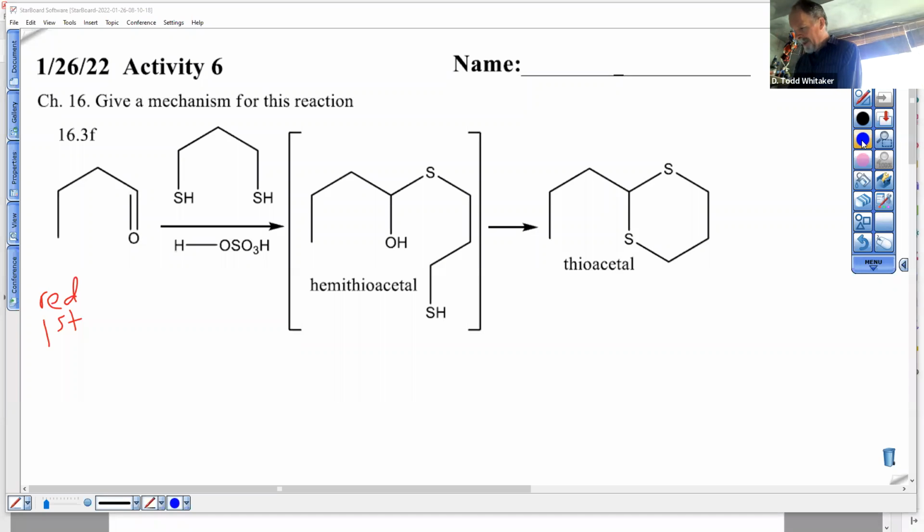This is going to be a quickie. First step, activate the carbonyl. Second step, nucleophile, not a poor nucleophile. Moderate nu. So this goes a little faster than that other one.